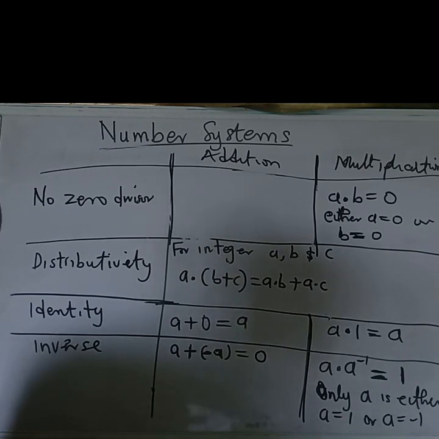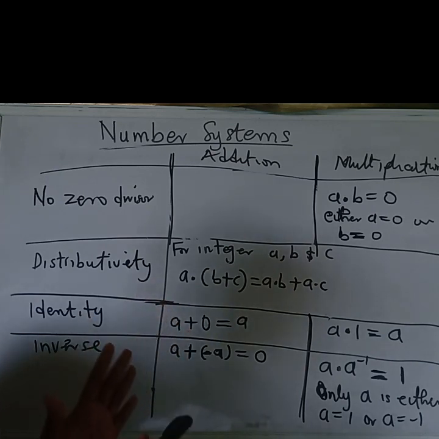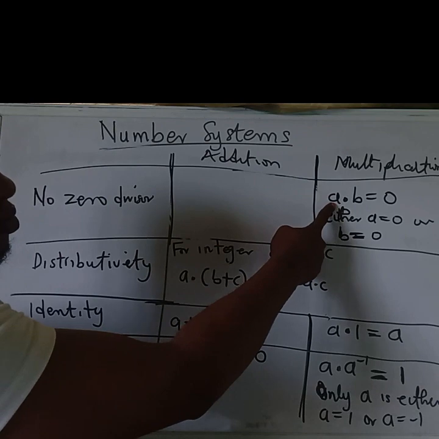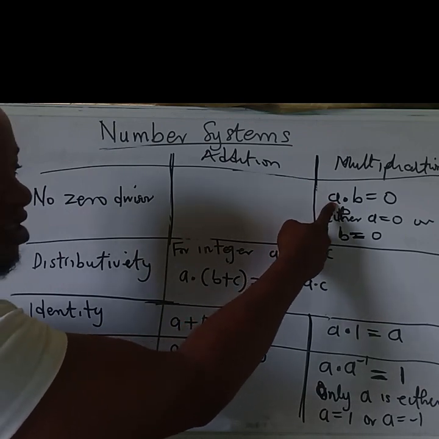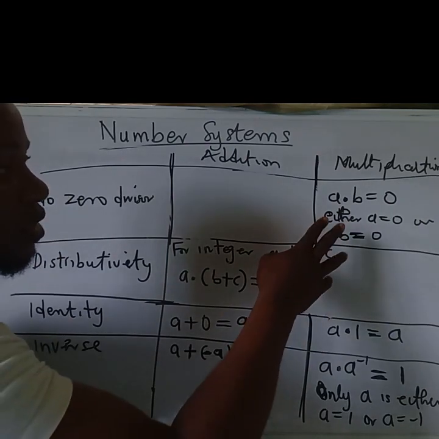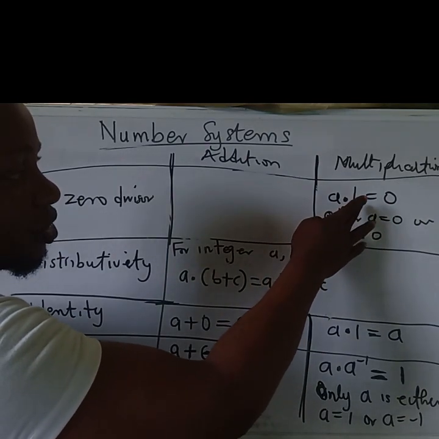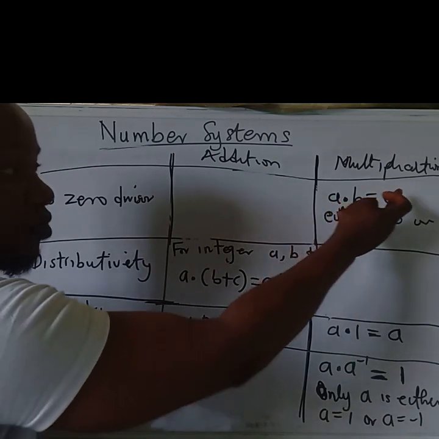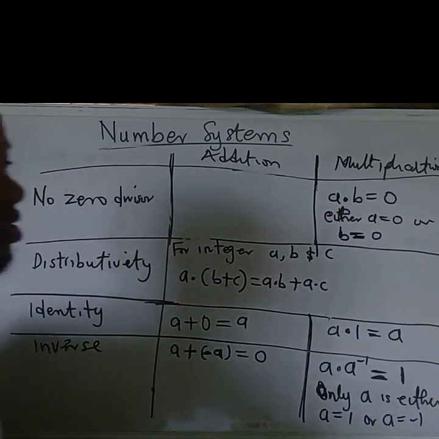We do not have such a number. In fact, 0/0 is actually not a number when it comes to a number system. 0/0 is not a number. If such a case happens, it either means a is 0, and 0 multiplied by b will give us 0, or b is 0, and we will still have that.